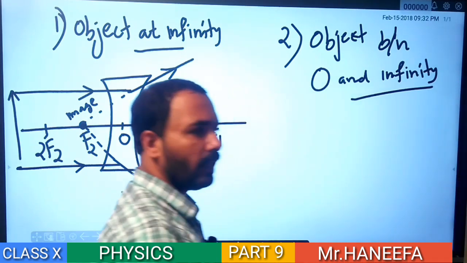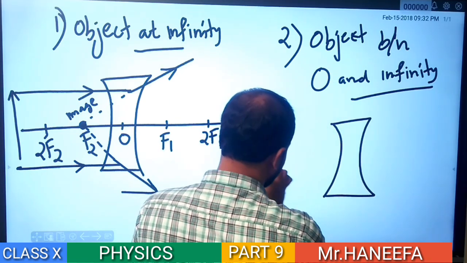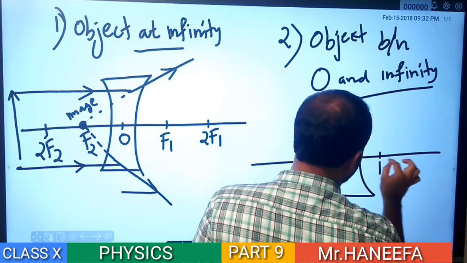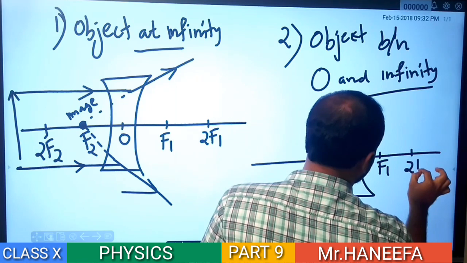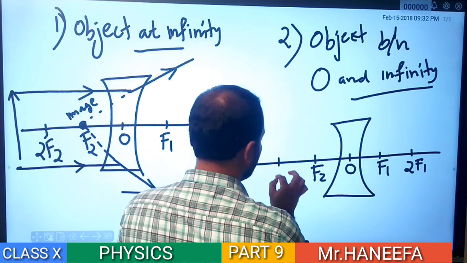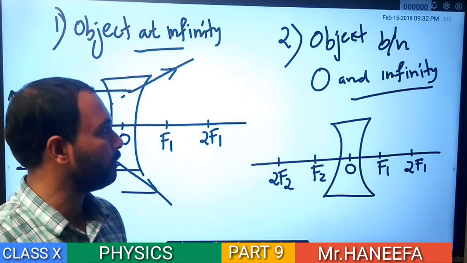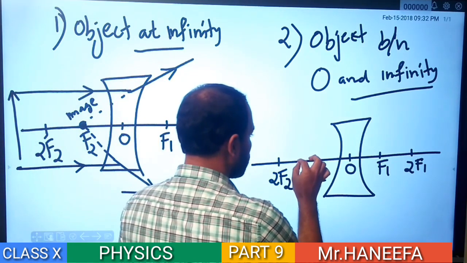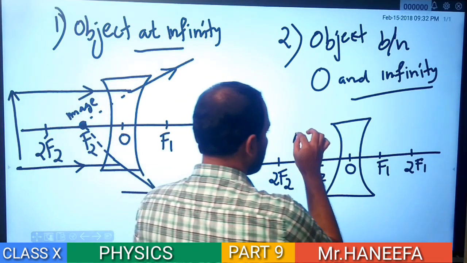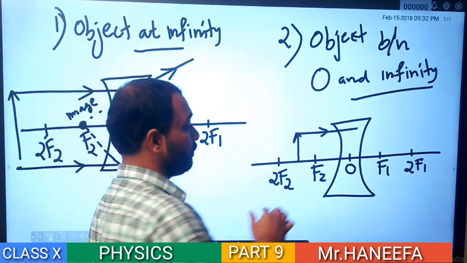First draw a concave lens, principal axis, optical center, F1, 2F1, F2, 2F2. Object is placed between O and infinity. A ray parallel to the principal axis, after refraction, diverges from the focus.